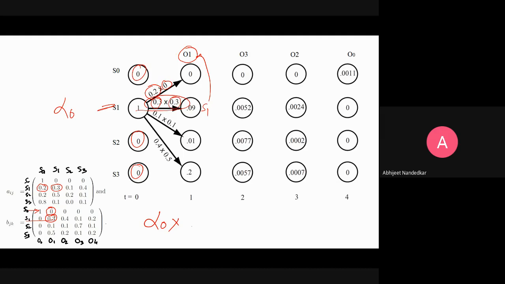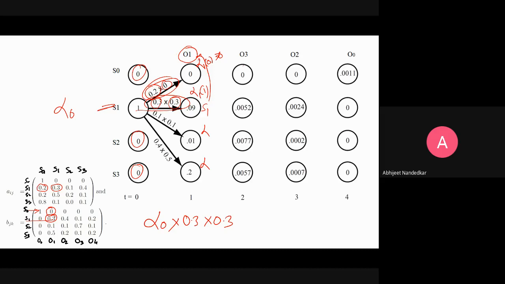So alpha 0 into 0.3 into 0.3 will be alpha 1, 1 here. So what will be alpha 1, 0? This will be 0 because this product is 0. Like that, we keep on calculating alpha here.